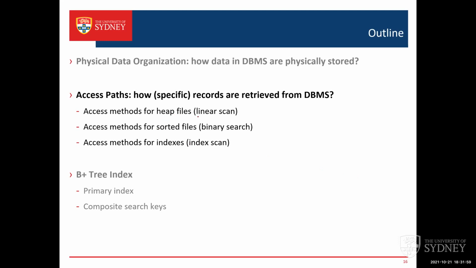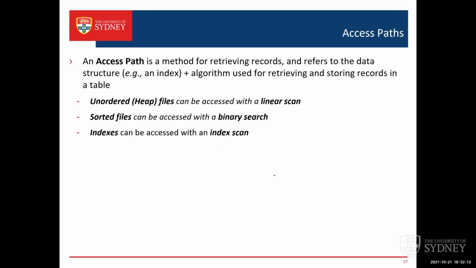At that time we have to use linear scan or linear search. If the data is physically sorted, then we can use binary search. If we have an index created, then we can use index search. Okay, we will talk about these three in detail. So let's start. Access path simply means which technique you are using in which case.